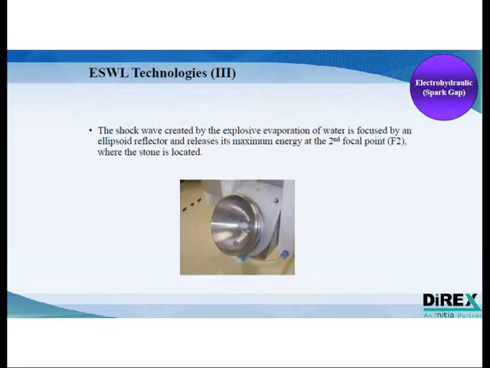Here is a picture of an electrohydraulic shockwave head. You can see there's a spark gap, the small white shape inside the reflector. High current is run through this spark gap, and a spark is generated from within a water-filled medium and is transmitted using the reflector onto F2.